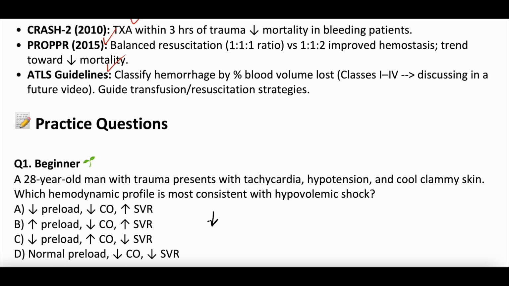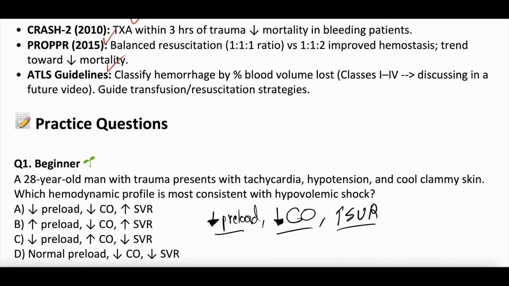Low, right? Because there's decreased venous return because you're hypovolemic. So low preload. The cardiac output eventually is going to be low or high. Well, there's low preload, there's low filling of the heart, so the cardiac output eventually is going to be low. And then systemic vascular resistance, you vasoconstrict to try to compensate, so the SVR is going to be high. So low preload, low cardiac output, high SVR.